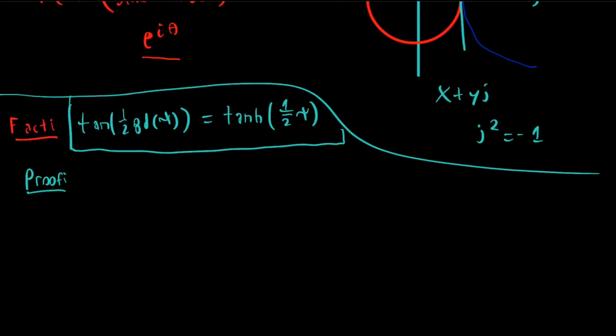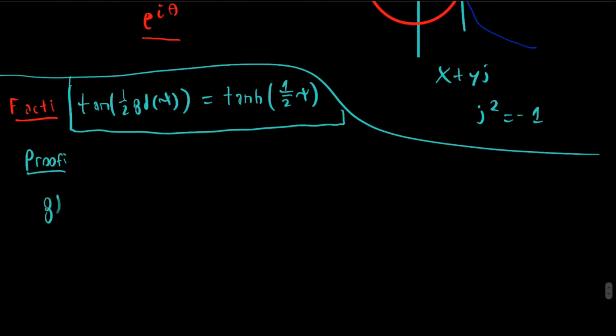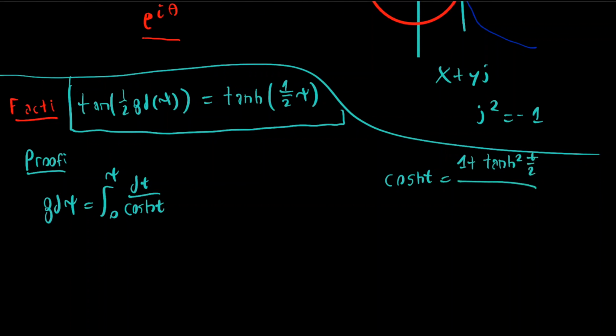So this again follows from the integral definition of the Gudermannian. We know the Gudermannian is the integral from 0 to psi of the hyperbolic secant t dt, that can be written as dt over cosh t. Well, now recalling the identity, cosh t is equal to 1 plus the hyperbolic tangent squared of t halves over 1 minus the hyperbolic tangent squared of t over 2.